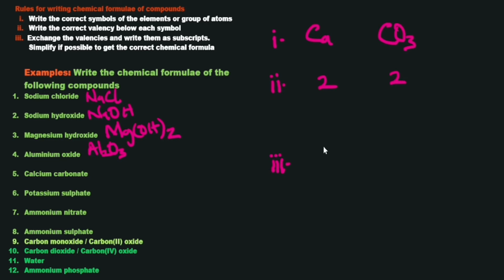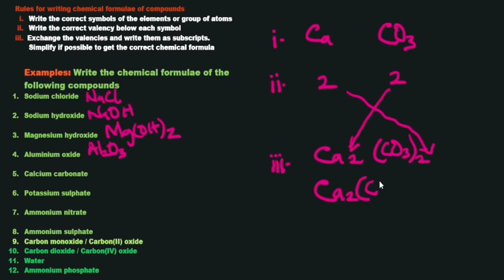So the correct chemical formula is, we bring down the chemical symbols. Since CO3 is a group of atoms, put it in brackets. Then now we exchange the valencies. So we expect that the formula should be Ca2(CO3)2.